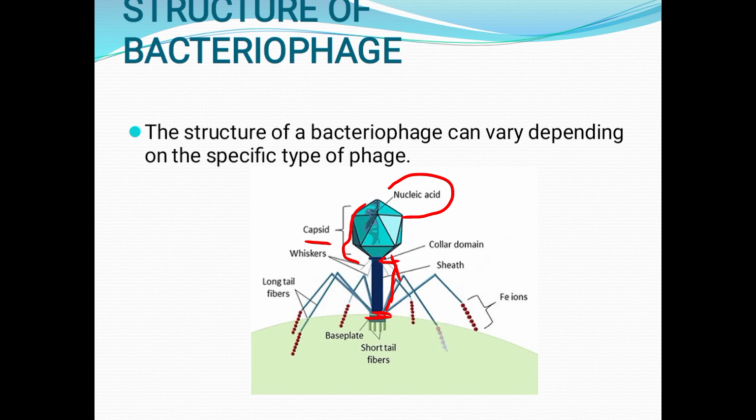The main function of the base plate is that it serves as the interface between the tail and the host cell. The tail, I said, is this tubular part running from the base of the capsid to the lower part.